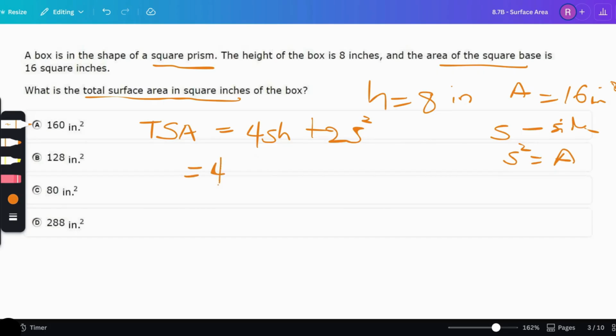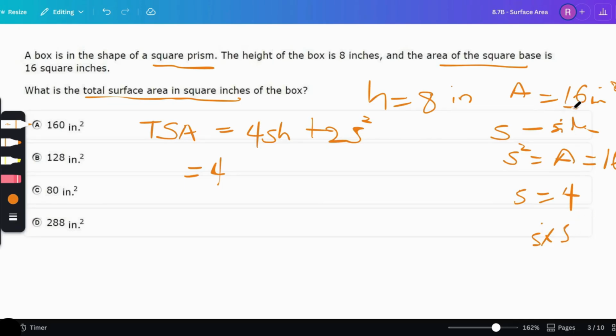So we have 4 times s, where s is the side. If the base area is 16 square inches, for a square, the side is the square root of the area, because the area of a square is side times side, that is side squared.